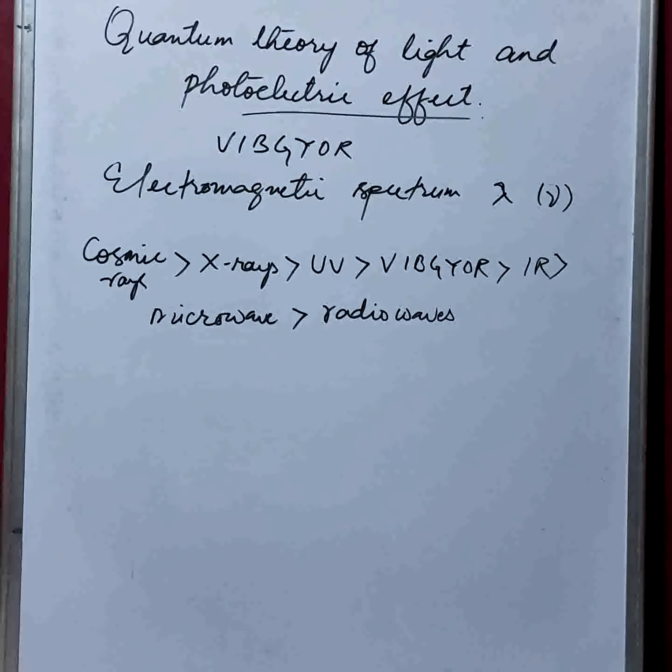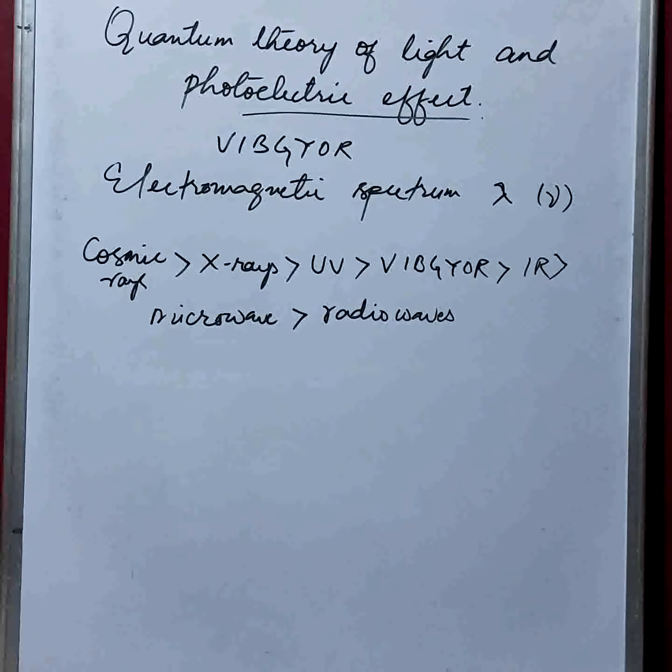Now this electromagnetic spectrum came about because of electromagnetic wave theory, and there are two major points in electromagnetic wave theory. Those two points are: a source emits energy continuously in the form of radiations.